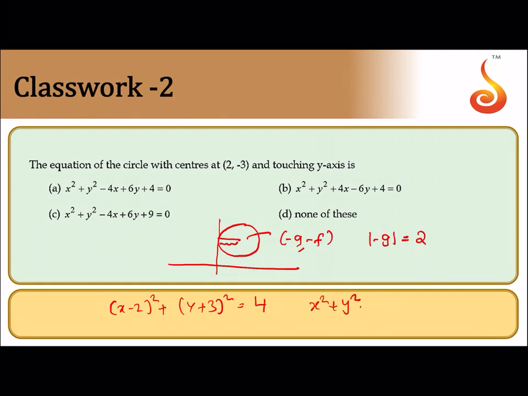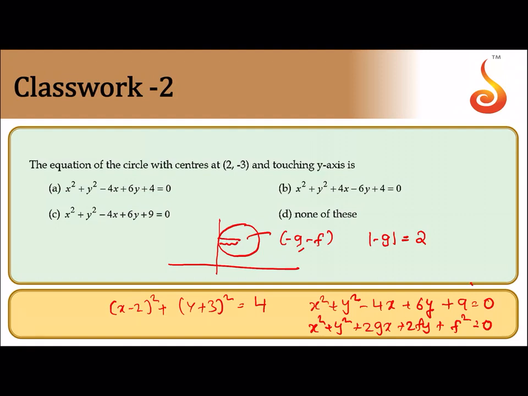So we get the answer x square plus y square minus 4x plus 6y. Here plus 4 and plus 4 will cancel. You'll get plus 9 equal to 0. We already studied this one also, x square plus y square plus 2gx plus 2fy plus f square is always touching the y-axis.